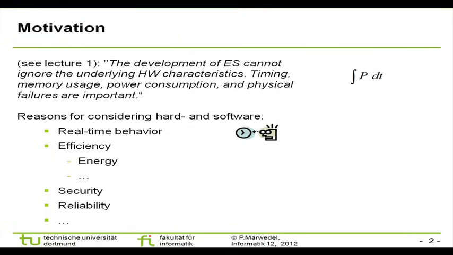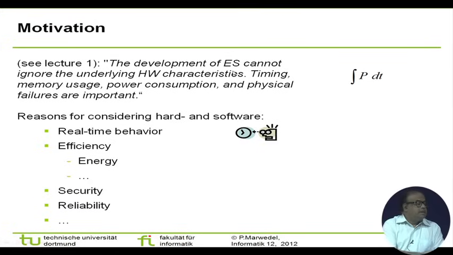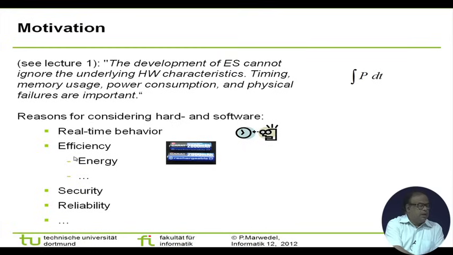As before, I will be relying on Professor Peter Marwedel's slides, the book that I have referred to you in this lecture. As is said here, the development of embedded systems cannot ignore the underlying hardware characteristics, because we have to provide real-time behavior, efficiency, energy, security, and reliability. For energy and battery we have to think of how the hardware has to be designed.